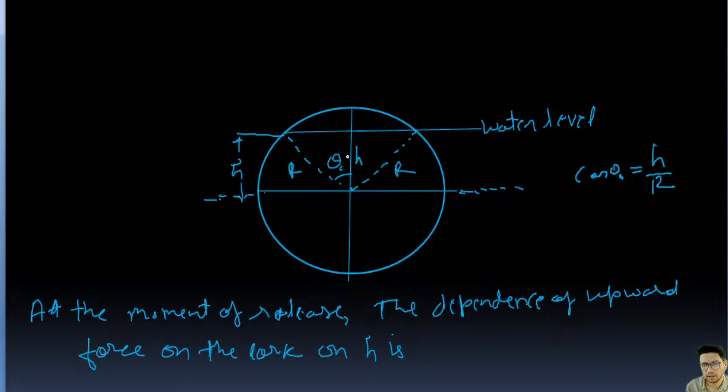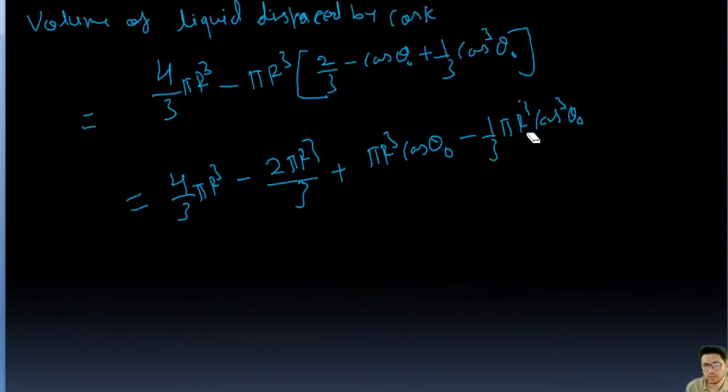This is the base, this is the hypotenuse, so cos theta equals base upon hypotenuse, which is h upon r.